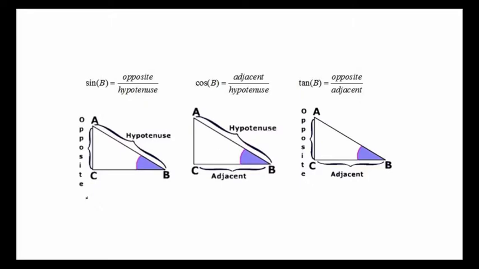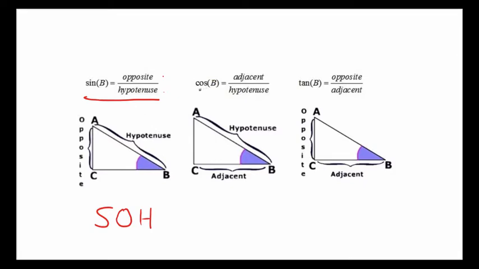Okay, so to use these trig functions, there's a nifty little mnemonic to remember. What we're looking at is the length of the sides of the triangle, right? The length of the legs. So there's sine, there's cosine, and there's tangent. We'll start with sine. Sine is the length of the opposite side divided by the hypotenuse. So sine is opposite over hypotenuse.